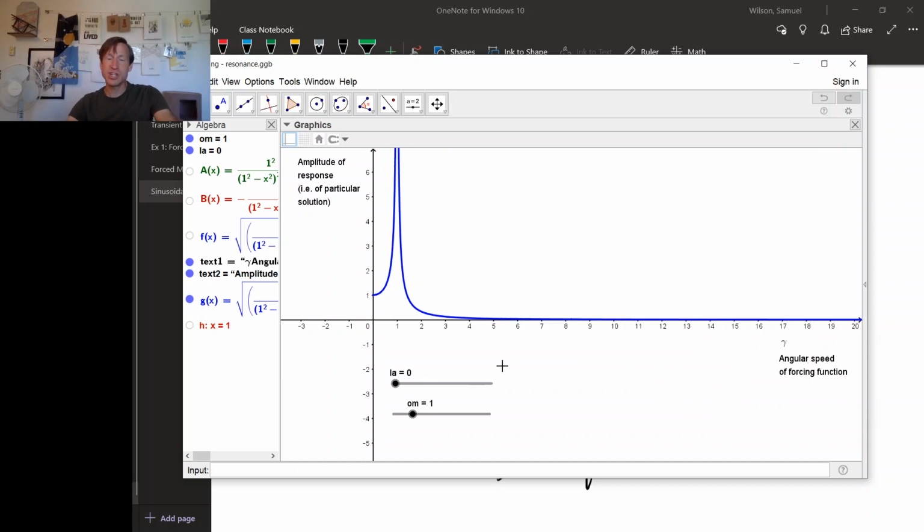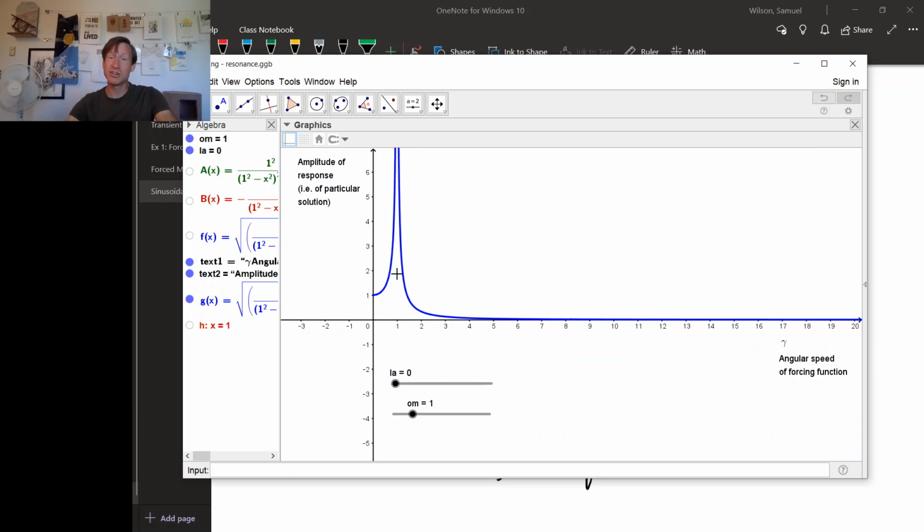Now you can see, just like in the example that we looked at, with zero damping, right? Lambda is playing the role of our damping coefficient. With zero damping, when the forcing angular speed, gamma, is equal to the natural angular speed, omega, we get an infinitely tall response.